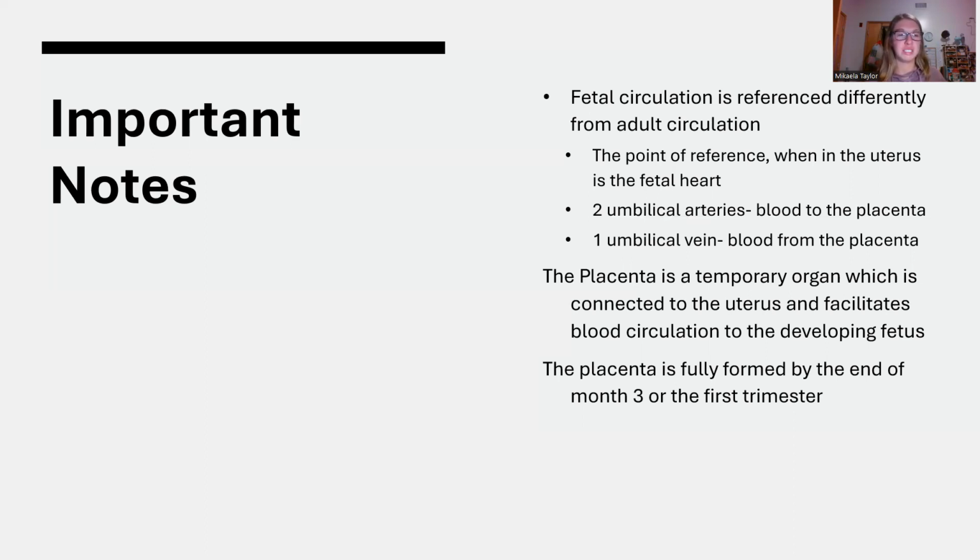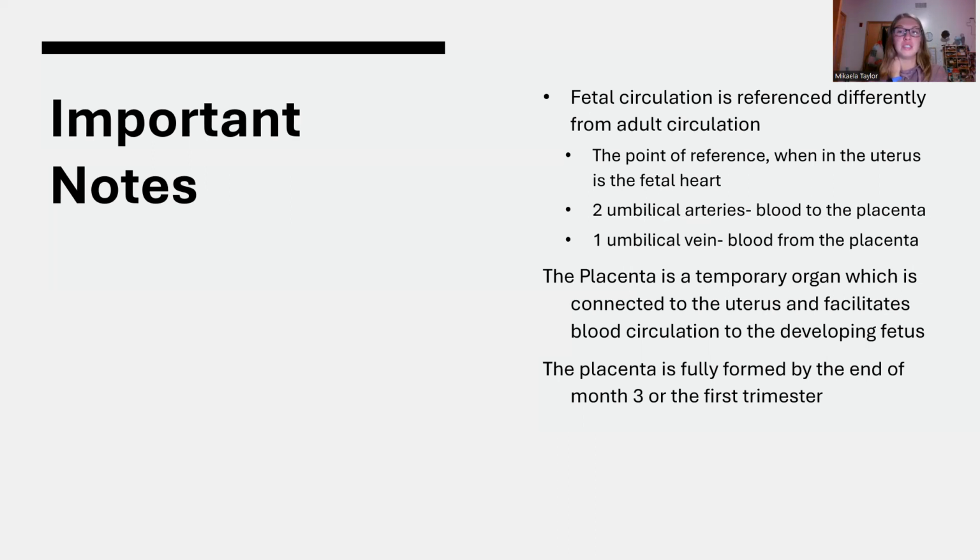So it's going into the placenta and will eventually get its oxygen from the mother. It's the same concept as when you're talking about receiving blood and blood vessels in an adult. Blood going away from the fetal heart is still an artery, but blood going to the fetal heart is still a vein.